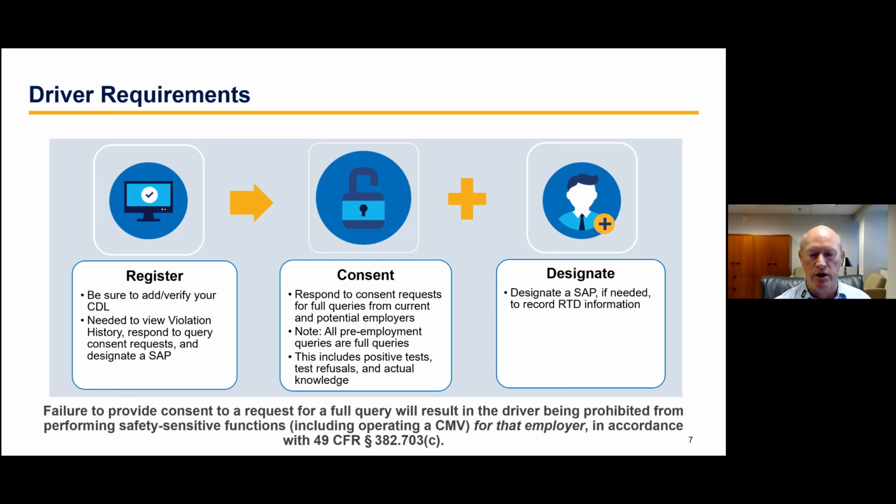So it can be shown that the driver completed whatever education, counseling, or treatment program was necessary. So that's sort of the driver requirements. Get registered, make sure you respond to consents, and if needed, designate a SAP.